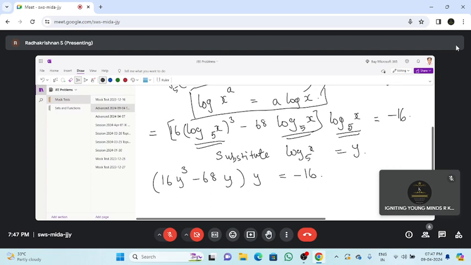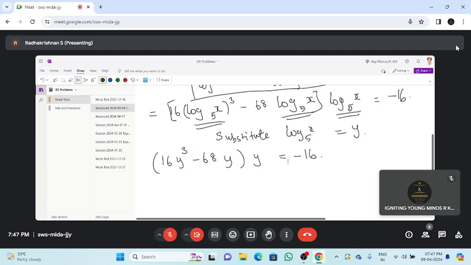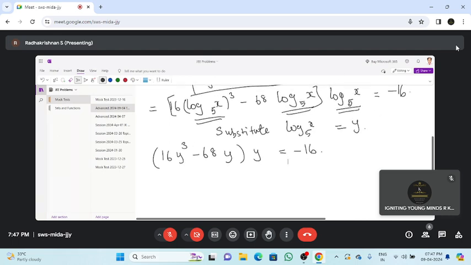Now you solve this. This is a 4th degree polynomial. Writing in the standard form, it is going to be 16 y to the power of 4 minus 68 y square plus 16 equal to 0.